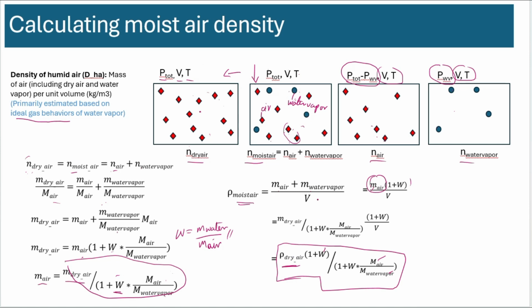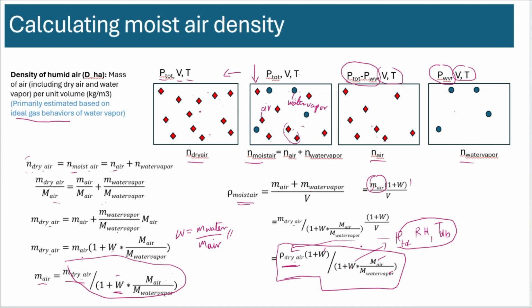So in the previous calculation, we know how to calculate the humidity ratio if you know the total pressure, the relative humidity, and the dry bulb temperature. So once you know that, you can calculate this. And once you know the dry bulb temperature, you can calculate the density of dry air. So using the same three things, you can estimate the density of moisture.